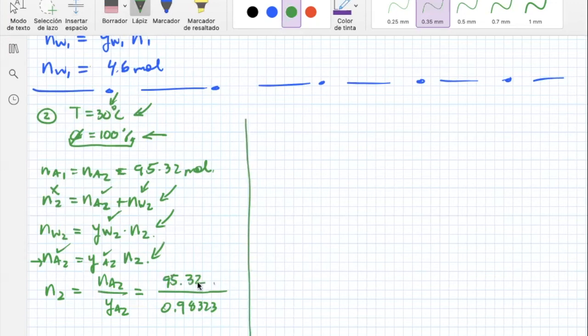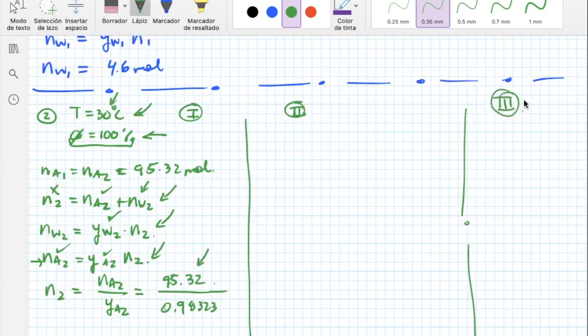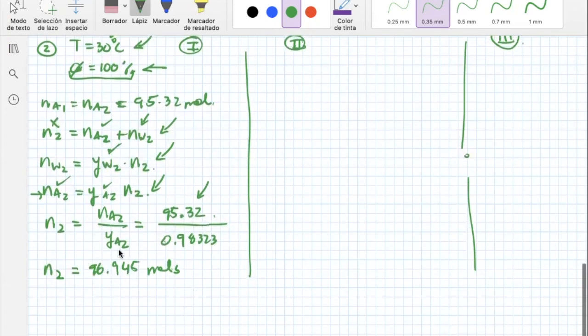Please remember again that this value will change for case 1, case 2, and sorry about the mess, then case 3, because the amount of moles of air will change depending on the relative humidity at stream 1, okay? So with this value, I have that N2 equals 96.9045 moles, okay? And that's the amount of moles that I have completely going at 2.